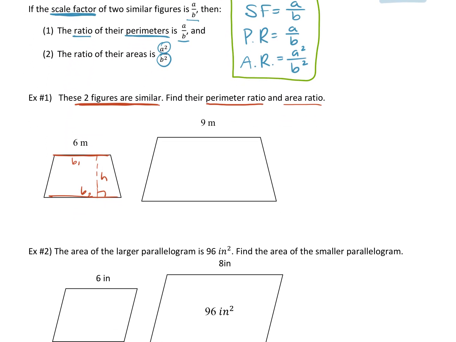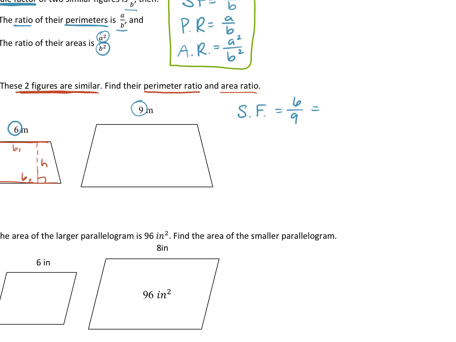Okay, so if these figures are similar, and this is a length of 6 and this is a length of 9, can you tell me the scale factor? 6 over 9, but then we always, remember on that last quiz, you guys all forgot to reduce that, right? You always reduce. So if our scale factor is 6 over 9, what does that reduce to? 2 over 3, right? Divide everything by 3. You get 2 over 3.